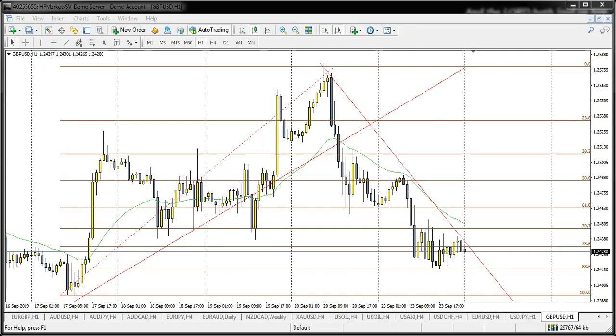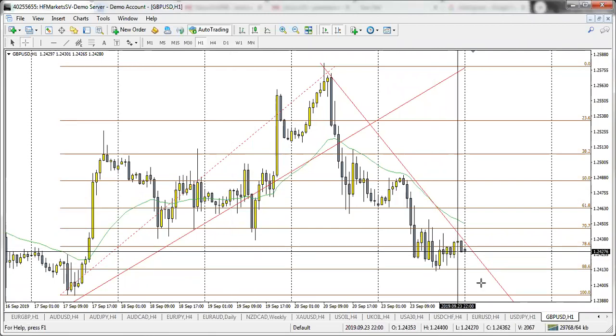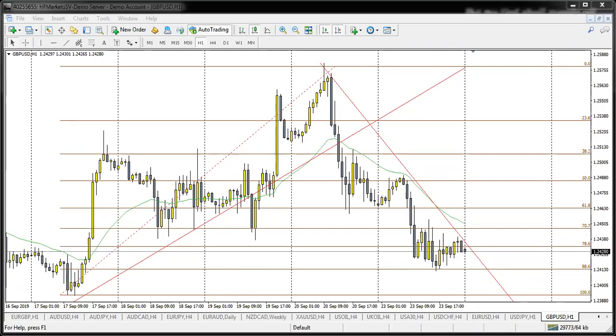And I said my first TP will be around somewhere here, even though it doesn't make the best of risk to reward, but just for practice sake anyway, let's do this. So 1.23923. TP 1.23923. So let's just drop this here and check it again tomorrow.